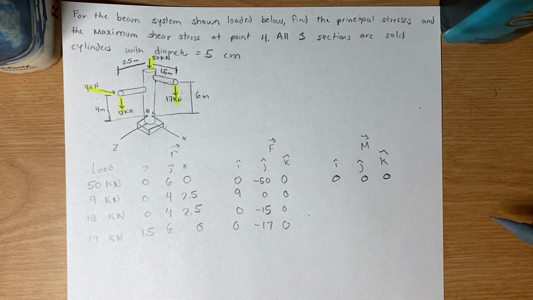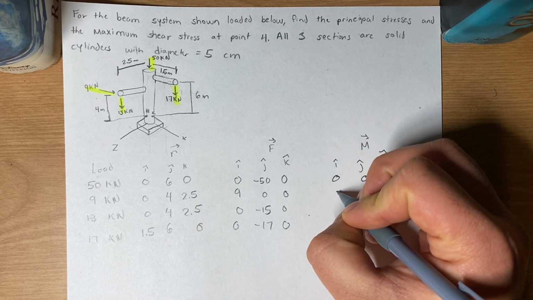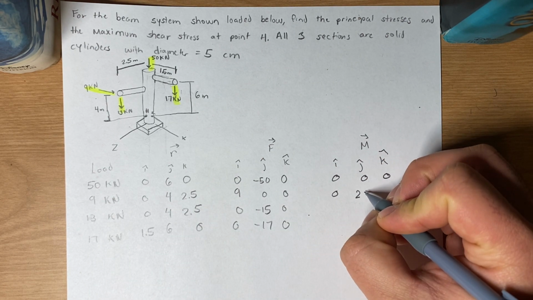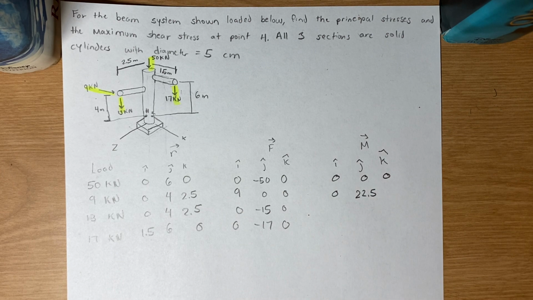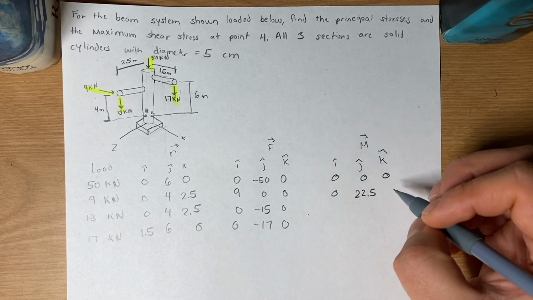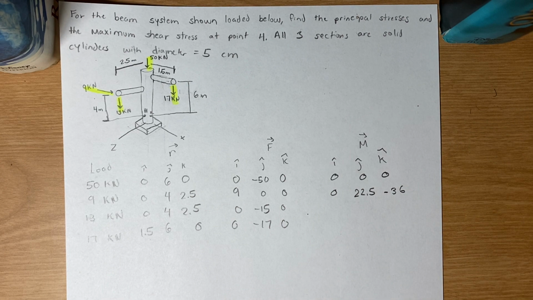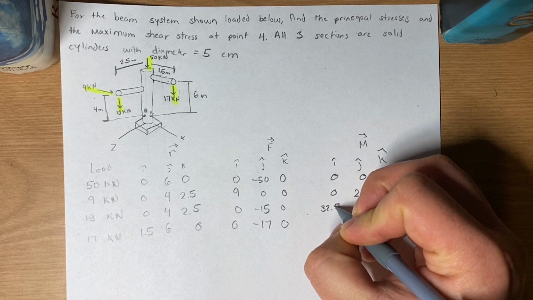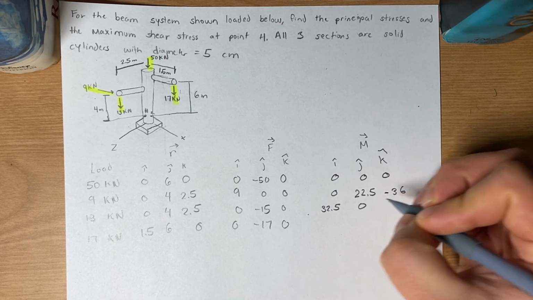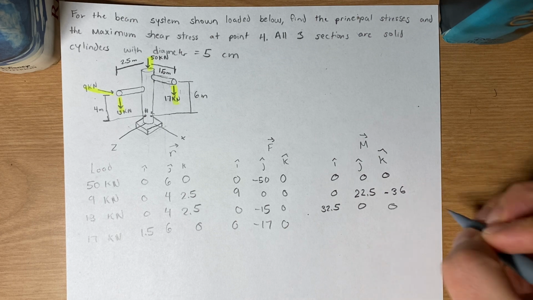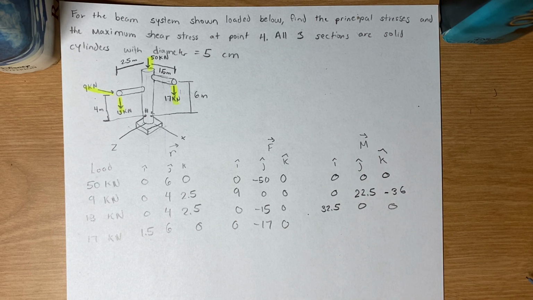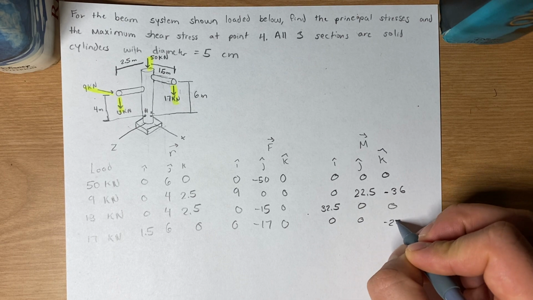For our 9 kilonewton, we get 0, positive 2, 2.5 and for K we get negative 36. For 13 kilonewton, we get 32.5, 0, and 0. For 17 kilonewton, we get 0, 0, and negative 25.5.